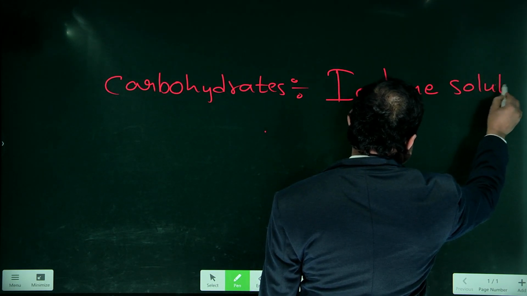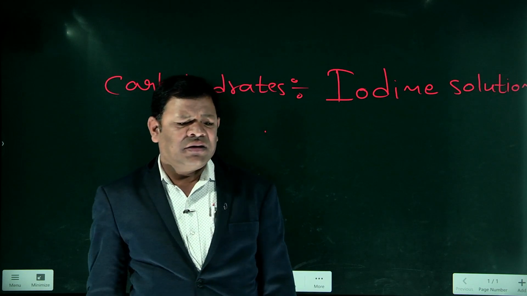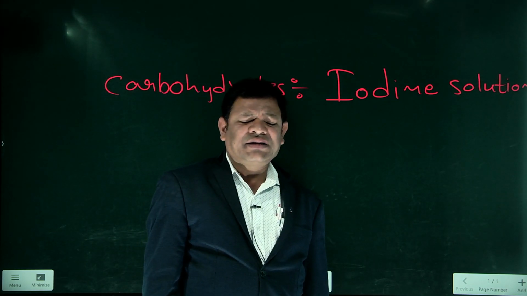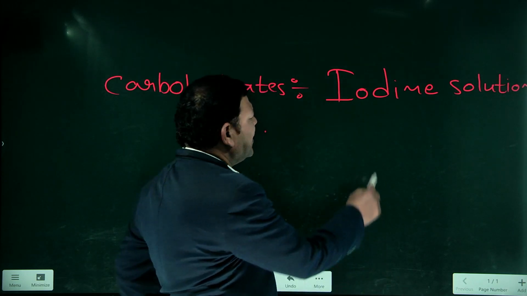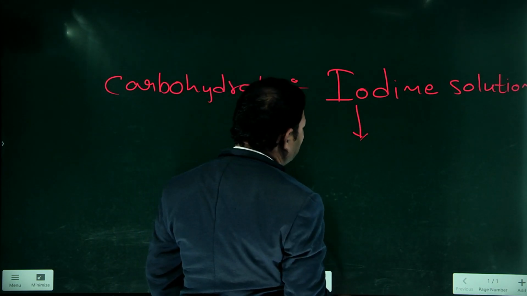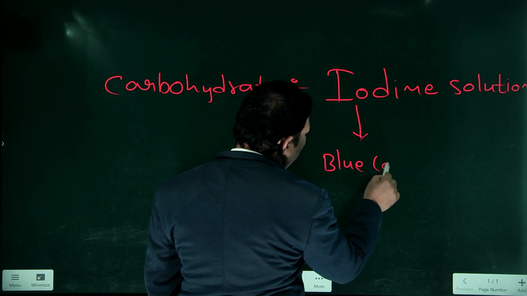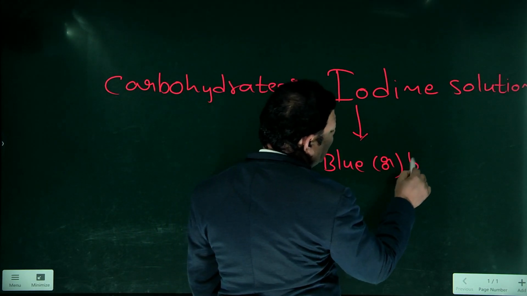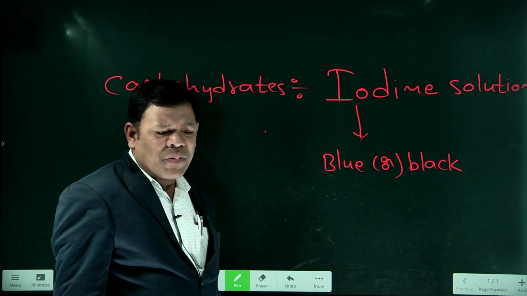In that food, the carbohydrate nutrients, when we add iodine solution, that food component turns blue or black in color. Blue or black.